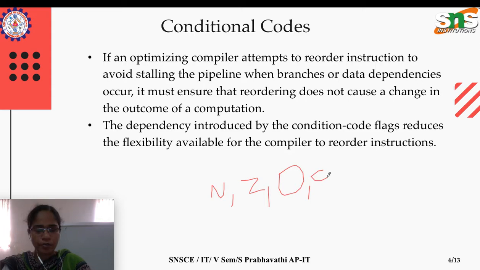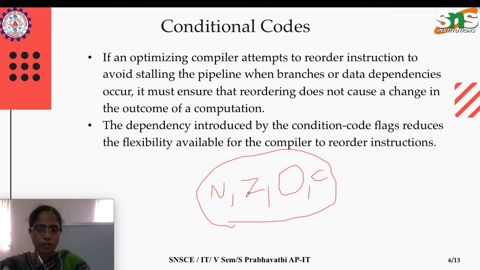If a result produces a carry, this information will be maintained by the processor using some special register, and we call these conditional code flags. Each flag takes one bit to store its information, either yes or no.